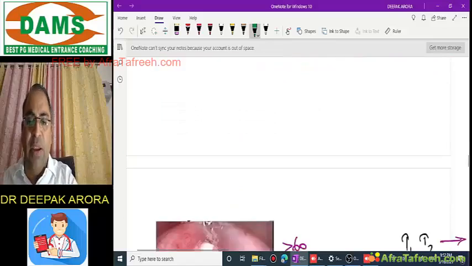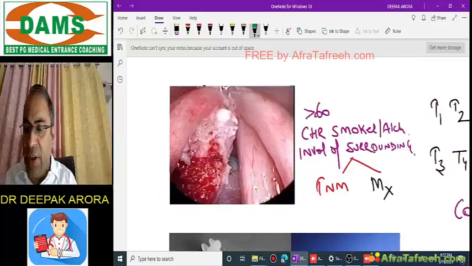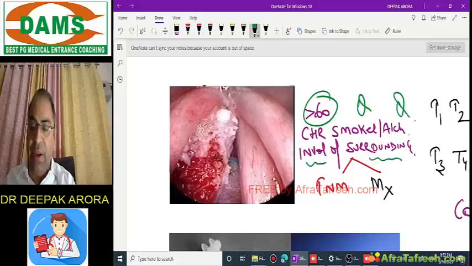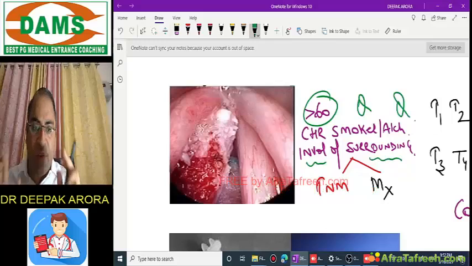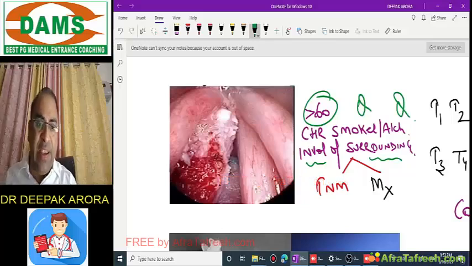Next condition, very important. If the examiner gives you a history of age more than 60 years, chronic smoker, chronic alcoholic, with involvement of surrounding areas, listen carefully, beta, the keywords: carcinoma larynx.